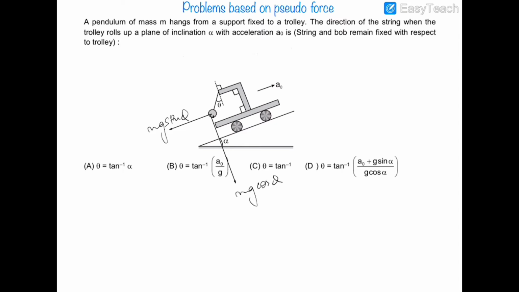Okay, and now there will be a pseudo force which will be acting on this ball in the reverse direction of acceleration. So pseudo force will be acting in the back side like that. This will be the pseudo force. F is equal to m a naught.